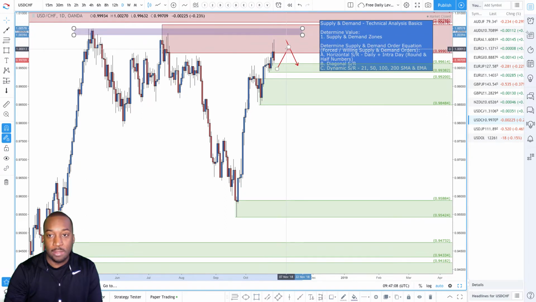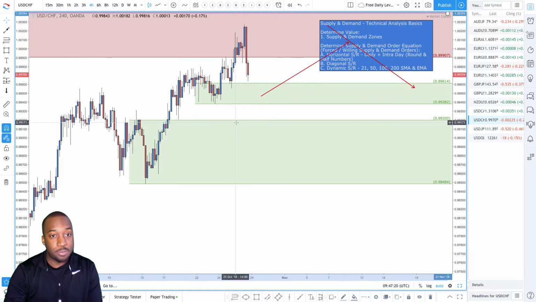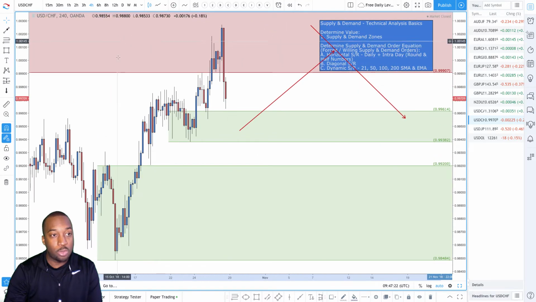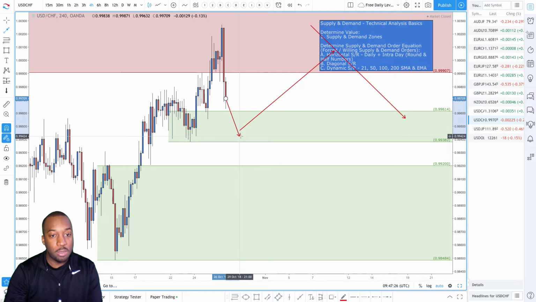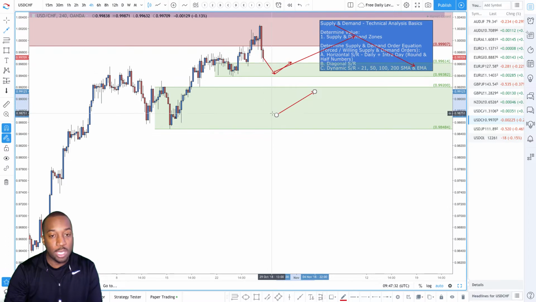We are at this round number 10, so probably there will be some profit taking around here. Prices don't ever go up forever, so you could potentially look for lower time frame trading, for the 4 hour or the 1 hour. And as we get a pullback into the week, maybe take a chance right here. And also, if that level doesn't work out, then this will be the next area down here.